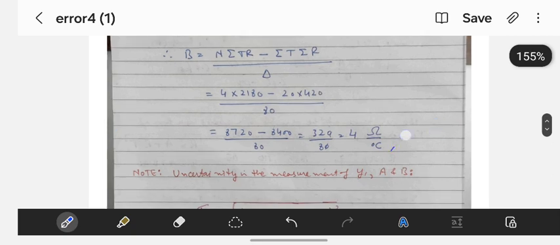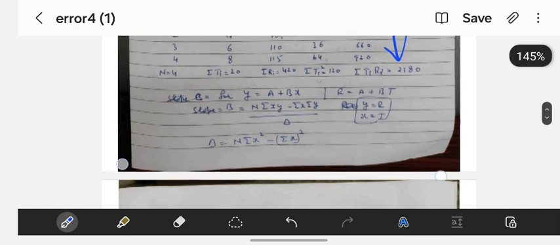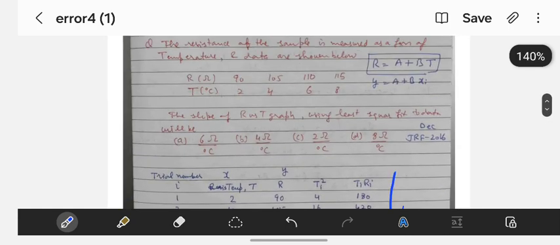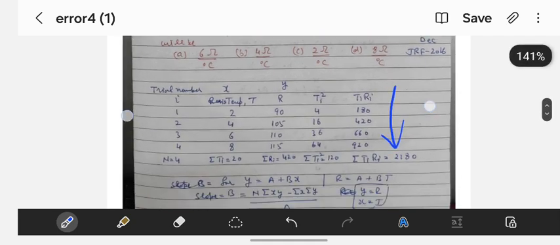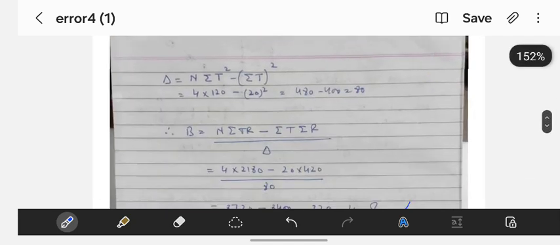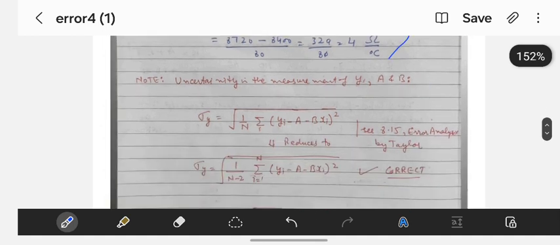We will get b equal to 4 and a equal to... Well, in the question what was asked is the slope of the R versus T graph using least square fit. So the slope was asked, and here we can see that b is the slope, so we only find the b term, that came out to be 4 ohm per degree Celsius.